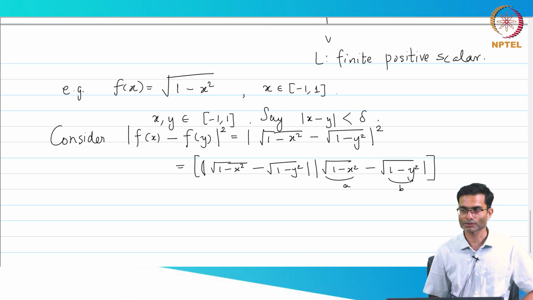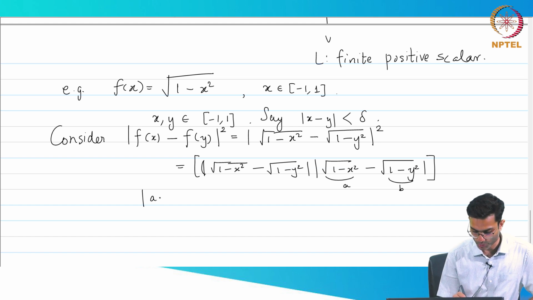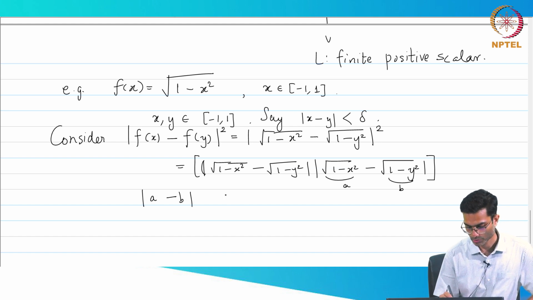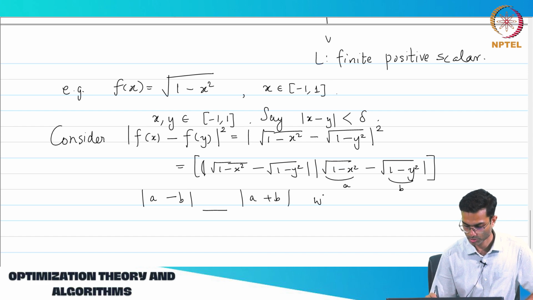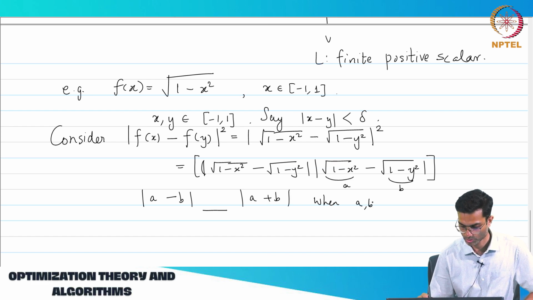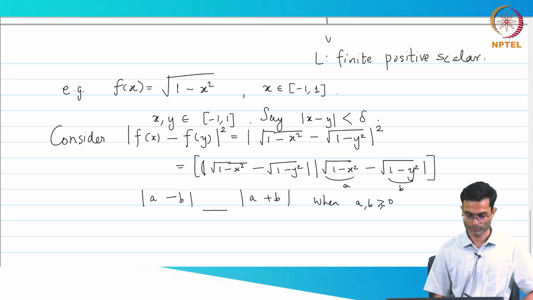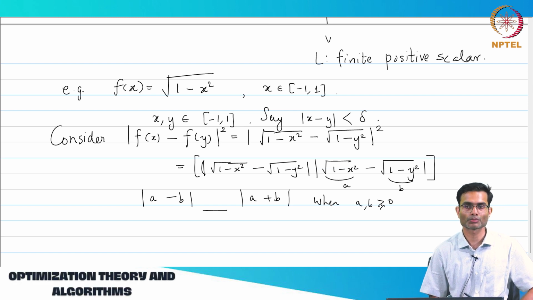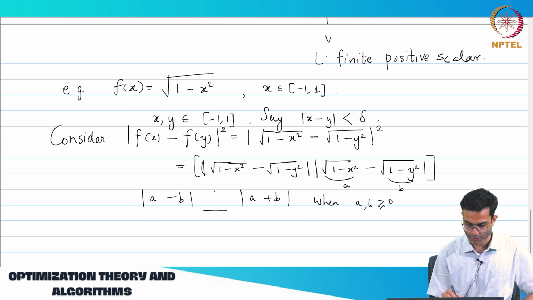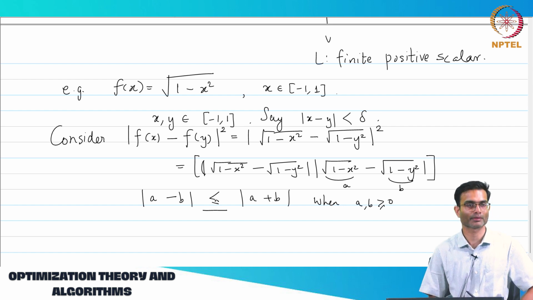Something simpler? Okay, what do you think about this? Fill in the blank. Less than or equal to, right? The difference of 2 positive numbers is going to be less than the sum, right? So, I can put this over here.